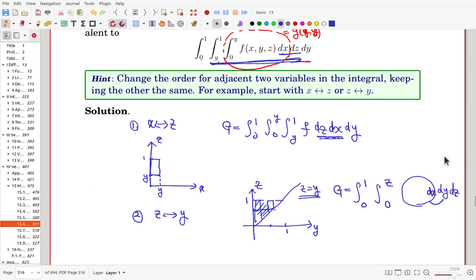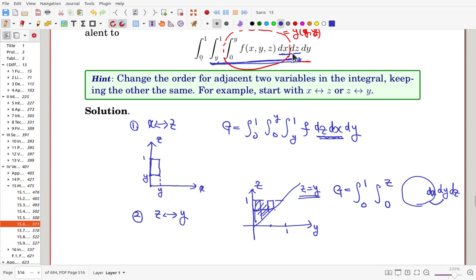Don't try to change, for example, x and y. You'll easily make a mistake. So only play with the two adjacent variables in the integral. That is logically okay, and I'll explain again.